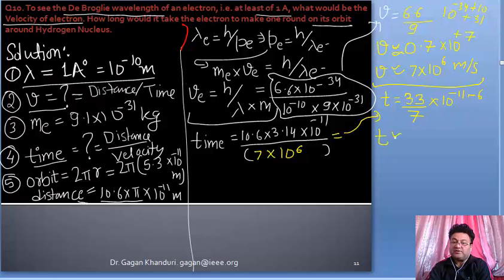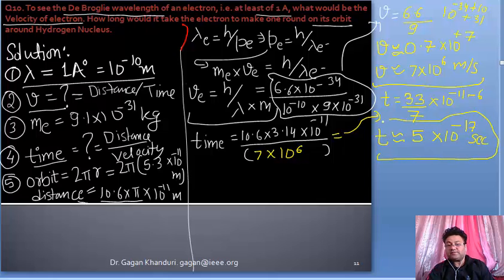So time will be approximately, you can take it as almost 5 into 10 raised to power minus 17 seconds. So this is very high speed, so the time taken would be very small.